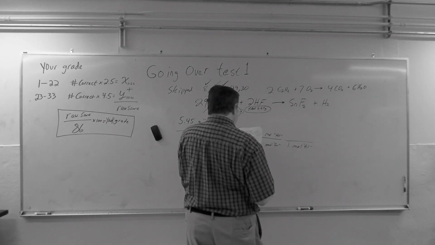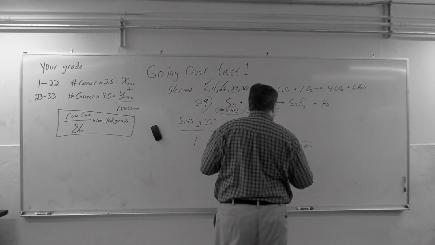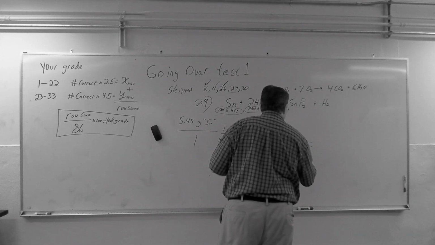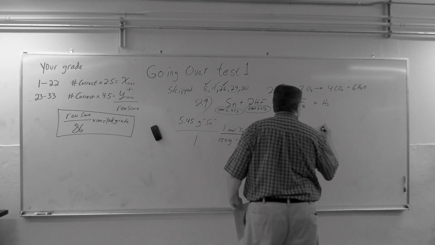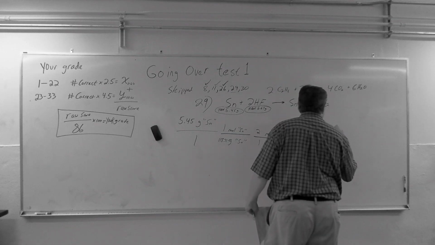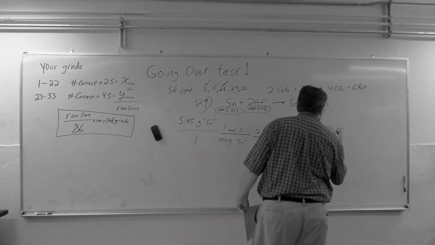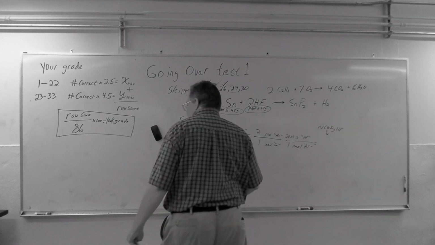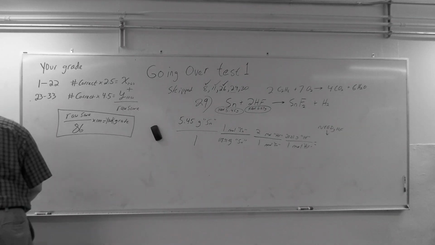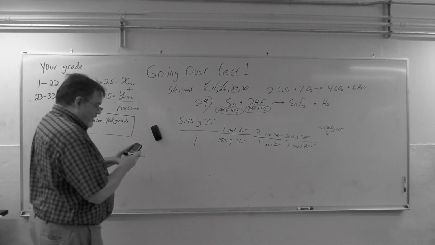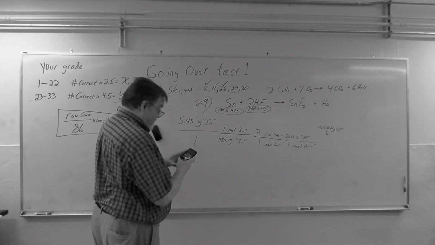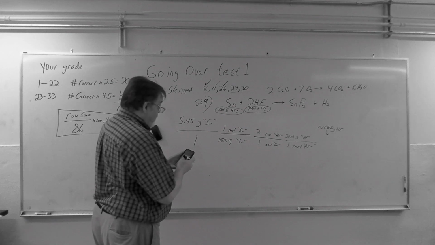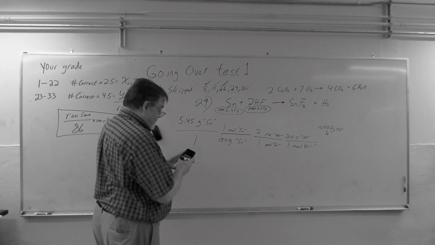And grams per mole for HF is 20.01. Finding the limiting reactant? Times 2 times 20.01 divided by 118.71.